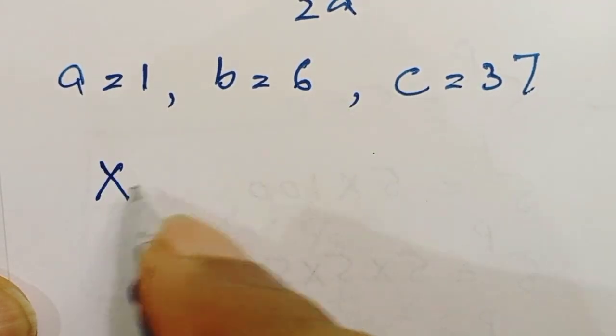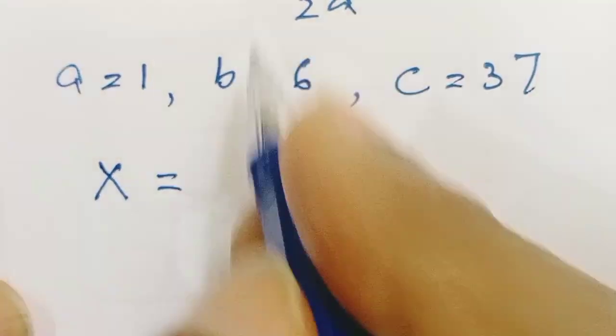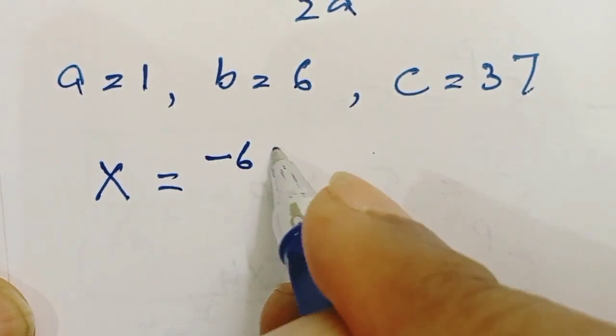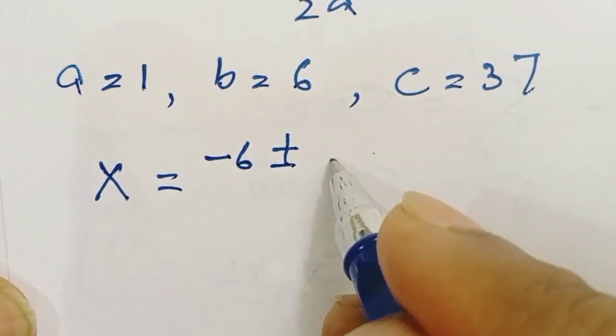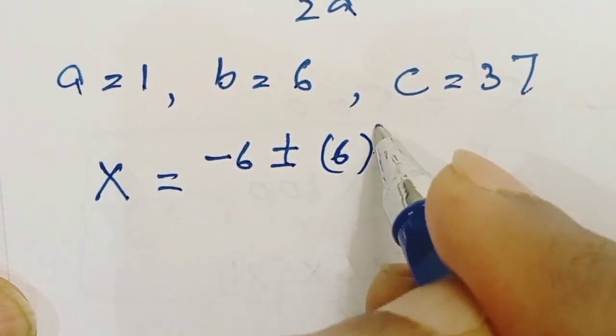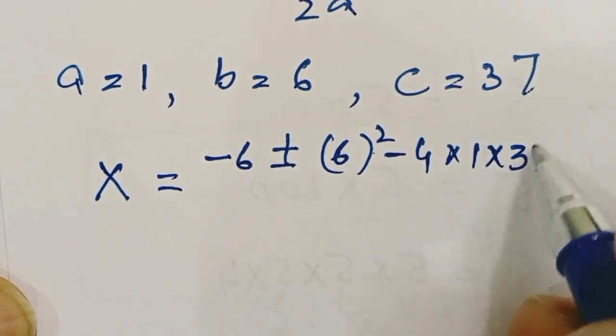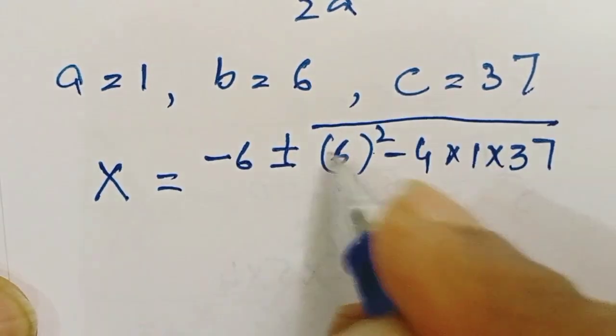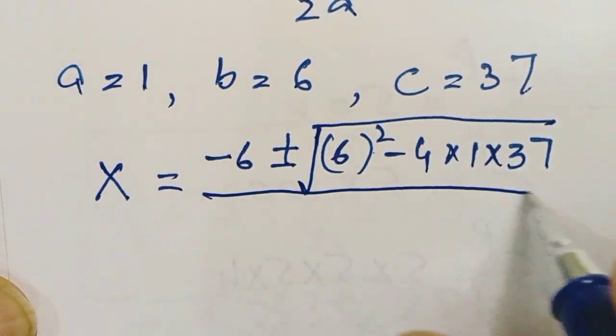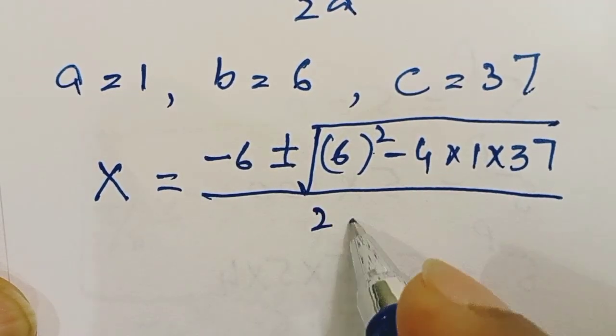So x is equal to minus b, that is minus 6 plus minus square root of 6 square minus 4 into 1 into 37, over 2 into 1.